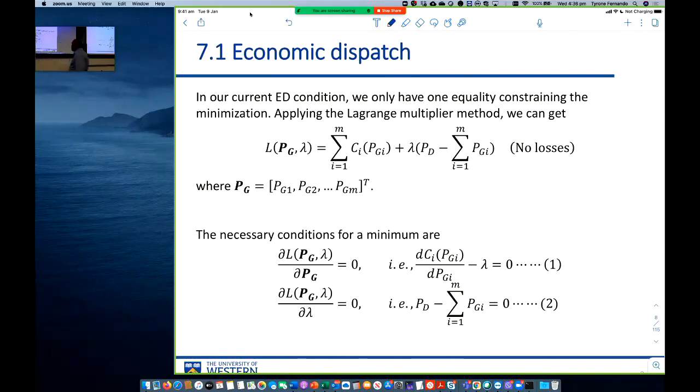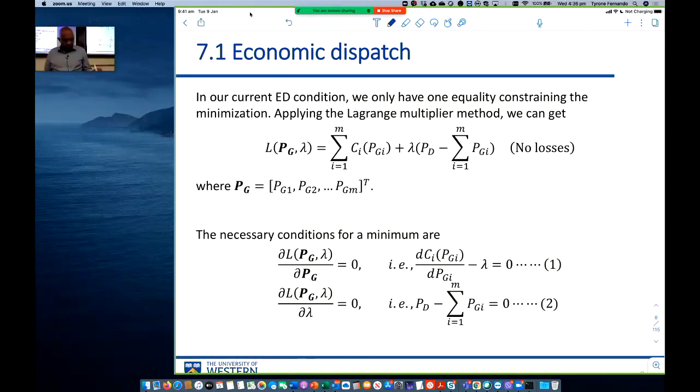So now we need to differentiate L with respect to the variables, which are the PGs, the amount that each generator is going to generate, PG1, PG2, etc., and that must be 0, and the partial derivative of L with respect to lambda, the Lagrange multiplier, must be 0. So we have these expressions.